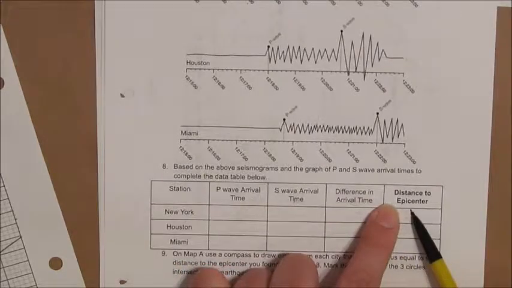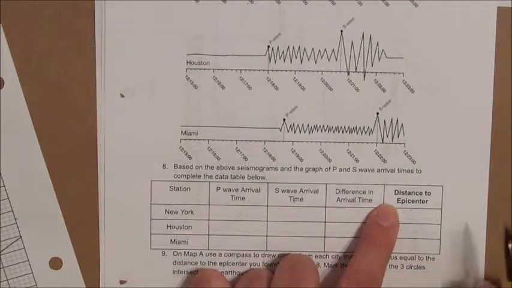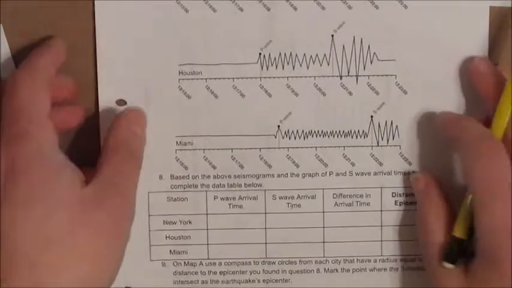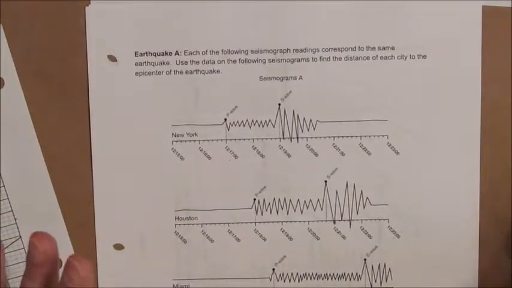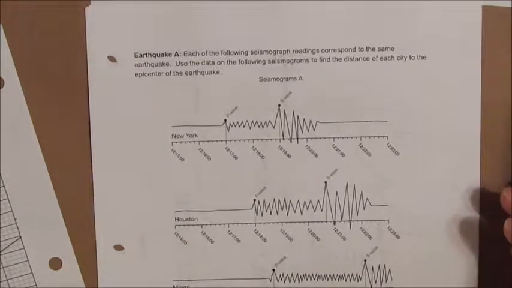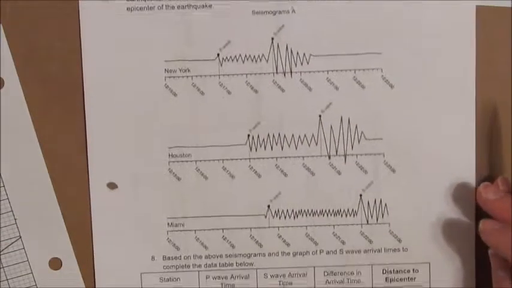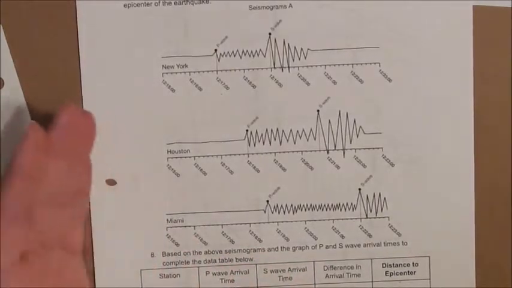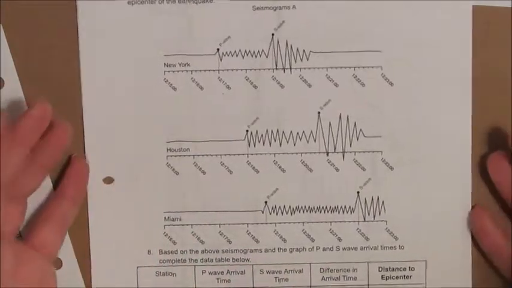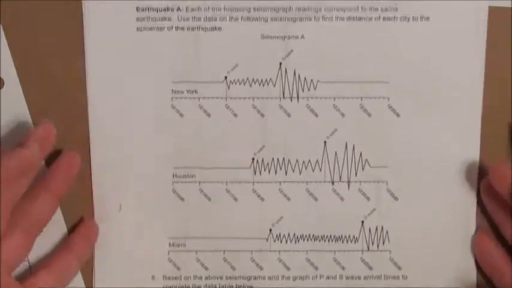And then we're going to use the graph to find the distance away. Now, we're going to cheat a little bit here and only look at the difference in the arrival time. We don't really need the times, because that's just there to give us the ability to subtract, and we can do this on the chart itself.